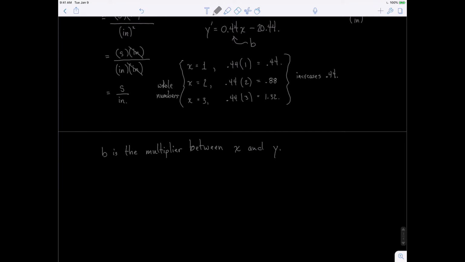So we could say that 1 inch of increase in height is 0.4 units increase in shoe size. And that is what B does.